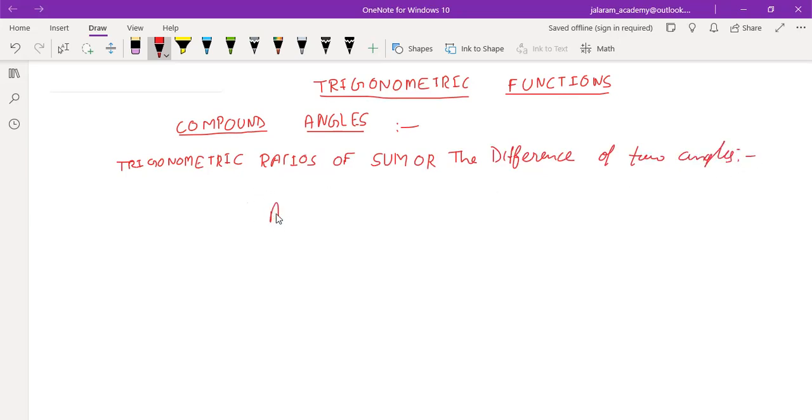So if A and B are two angles, then sum is given by A plus B. And the first trigonometric ratio, we know that is sine. So sine A plus B.